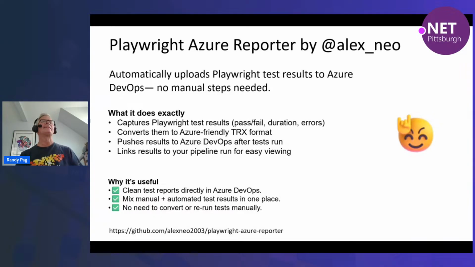During automation, it allows me to write the test results back, pass, fail, and whatever errors, into this very friendly TRX file. And then it gets uploaded as part of the pipeline. That's pretty straightforward. I'll make sure I show that as well.